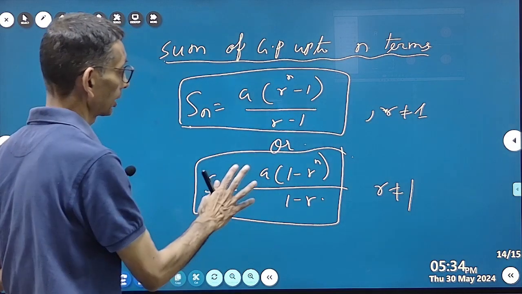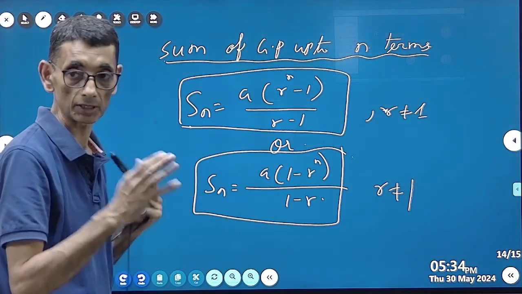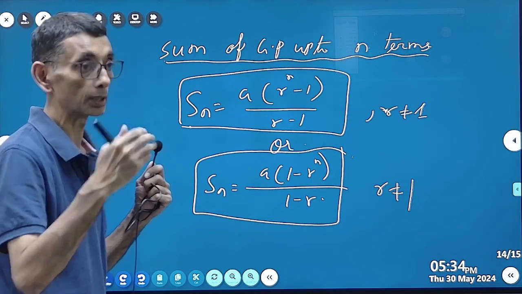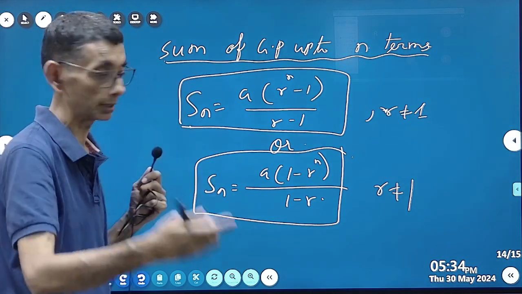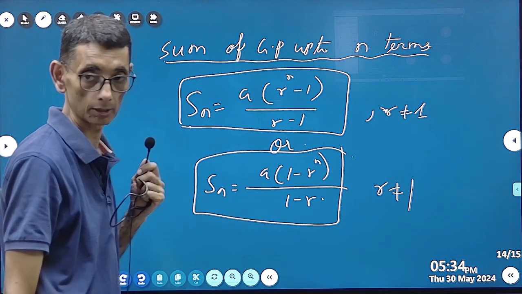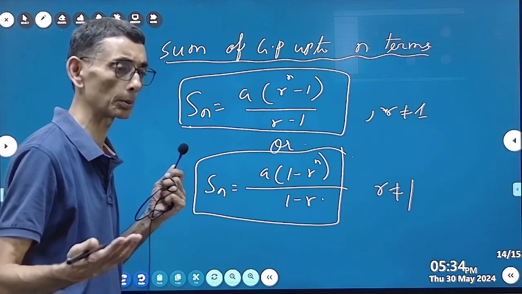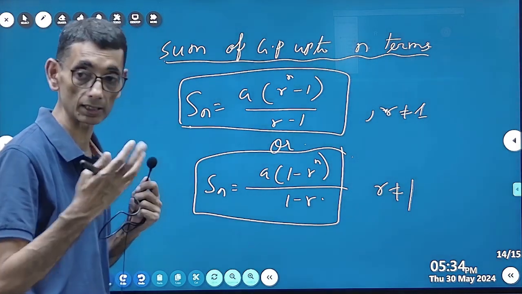So this formula is the sum of GP up to nth term. If the GP is finite, when we have to add a limited number of terms, then we will use this formula. It could be very, very large, but still it is finite.